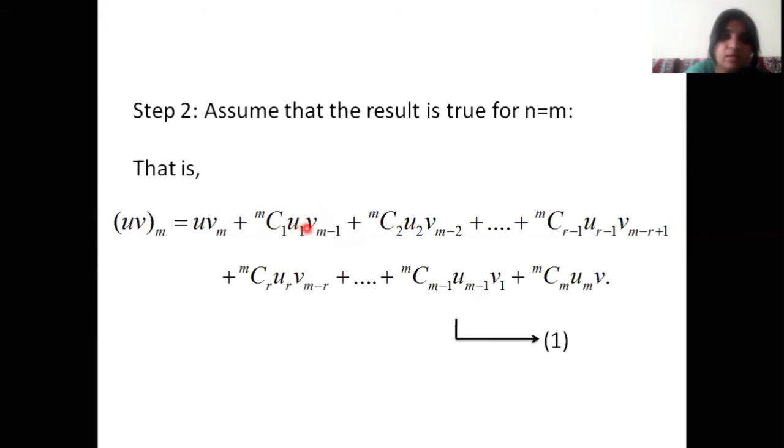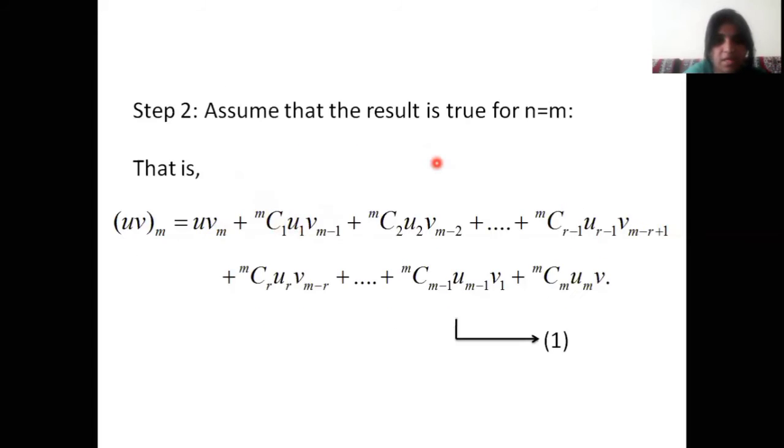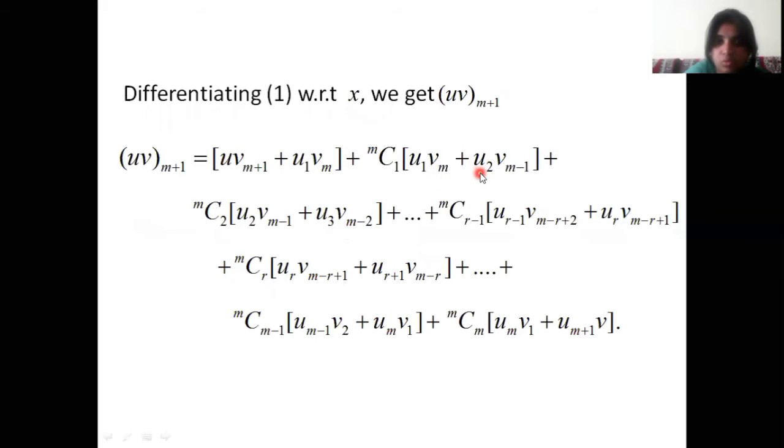So it is u1 vm. Next, when you differentiate this, keeping this silent and differentiating this, you have u2 vm minus 1.